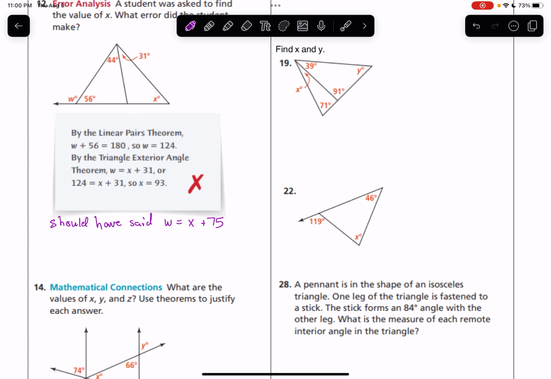And that means x equals 49 when we solve it all out.